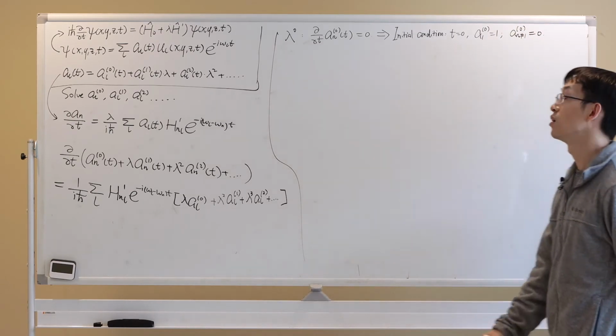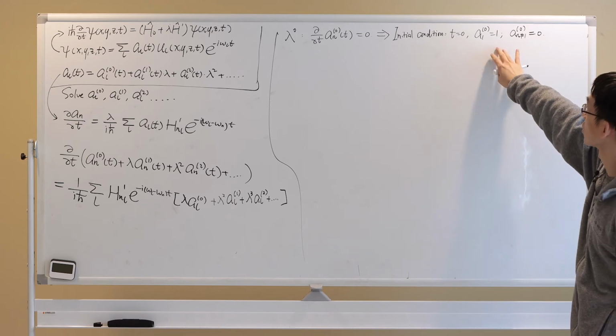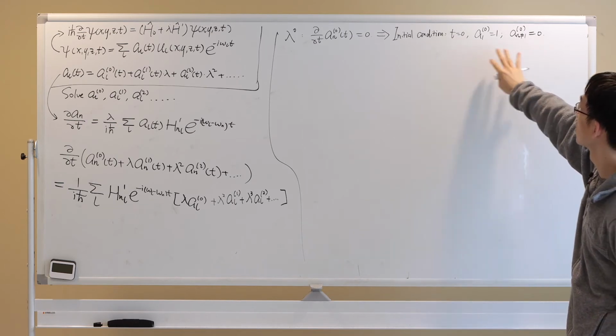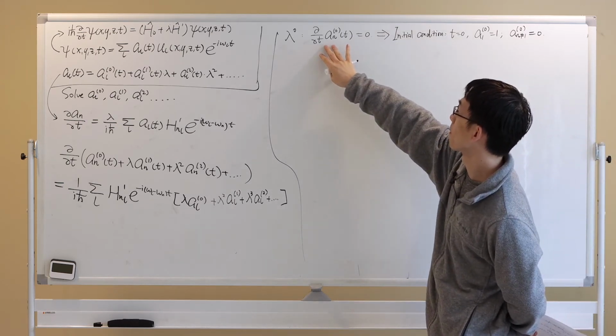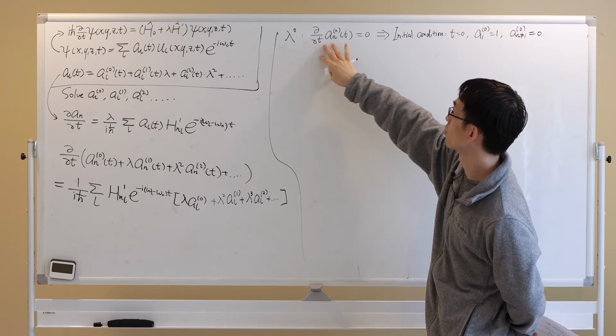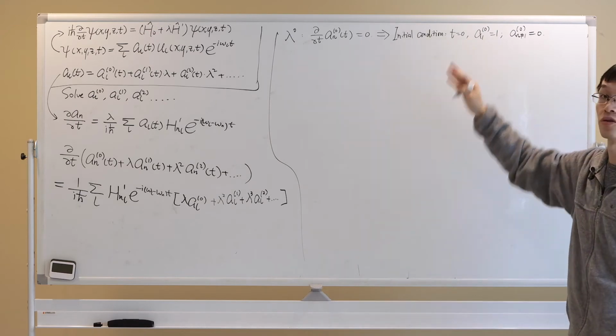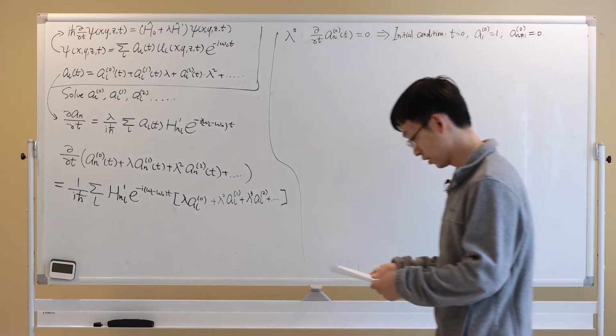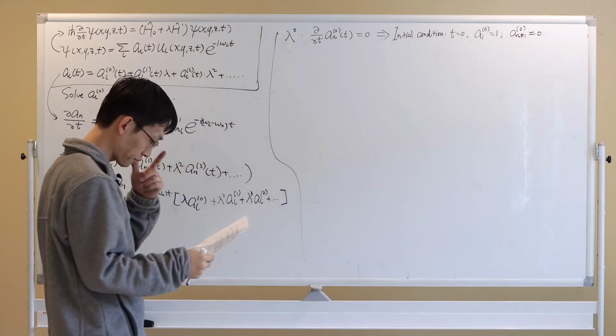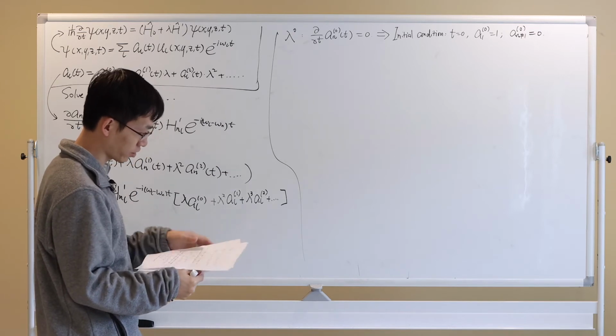This is the initial condition, and it holds for all time t because the derivative of this goes to 0. Then we can move on to the second order.